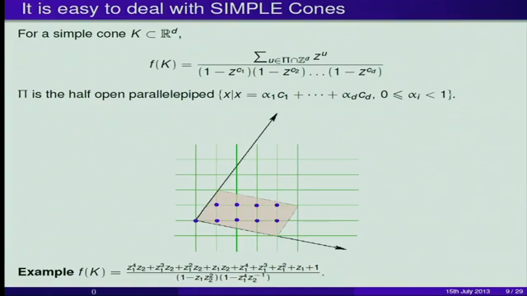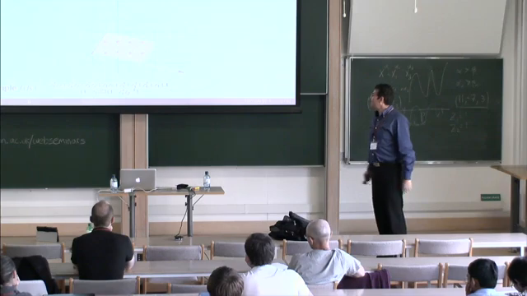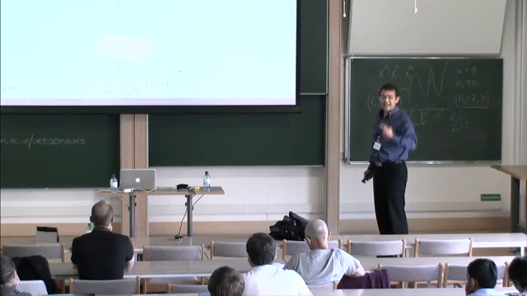It's a cooking recipe for how you can cook this rational function. Let me tell you the denominator first. The denominator is more natural. You take the rays of the cone, and since everything is rational polytopes here, you can find an integer vector that tells you the direction of each ray.